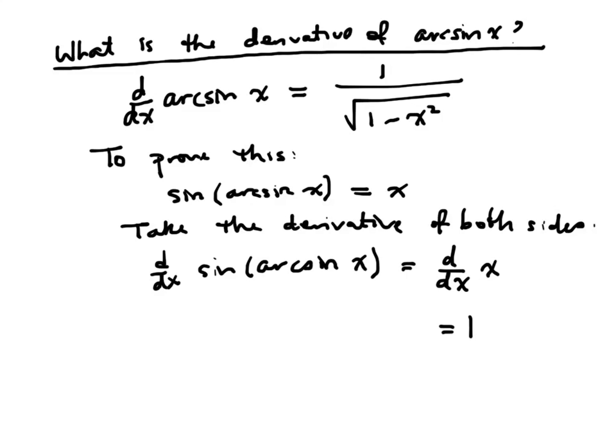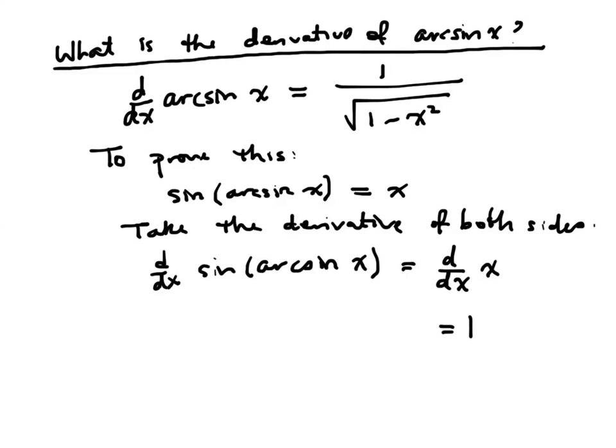On the left-hand side, we have to use the chain rule because we're composing arcsine and sine. In other words, sine is our outside function, and we're inputting this function arcsine of x into sine. So that's the inside function, arcsine.